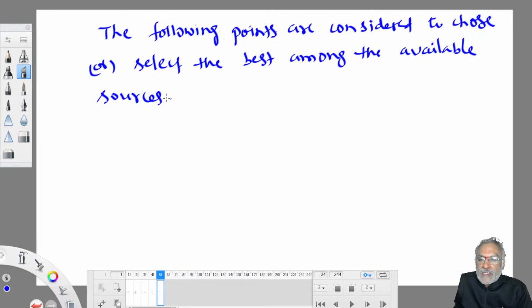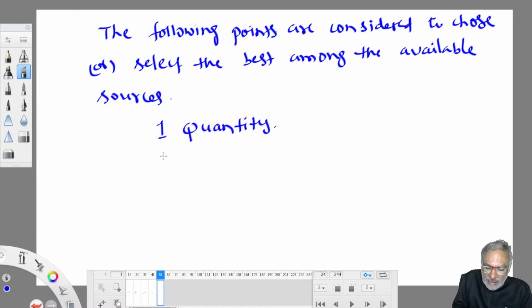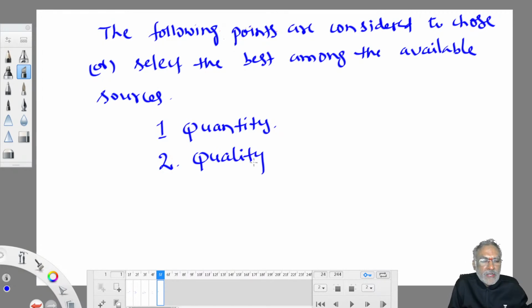Of course, the first point is always quantity of water. First priority is given to quantity. Second priority is given to quality. Both quantity and quality are very, very important. If quality is good but quantity is very less, we can't meet the demand, isn't it?